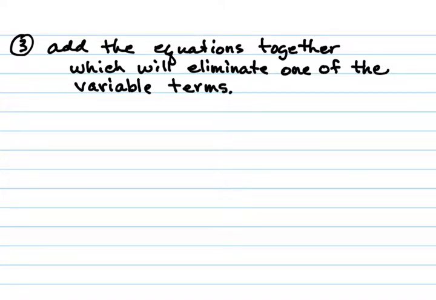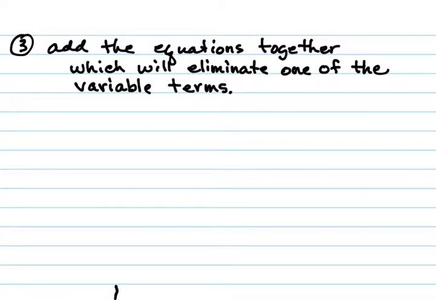Now the book will tell you that you can either add them or subtract them. But if you take the time to get opposites, then it's always going to be add. Then you'll be safer if you have just one process always. Right? You'll know that if you have opposites, then you always simply need to add them together. If you don't have opposites, if you have two terms that are exactly the same, you could subtract them, which would make them opposites. But I think it's usually easier just to change all the signs and then just add the two equations together.